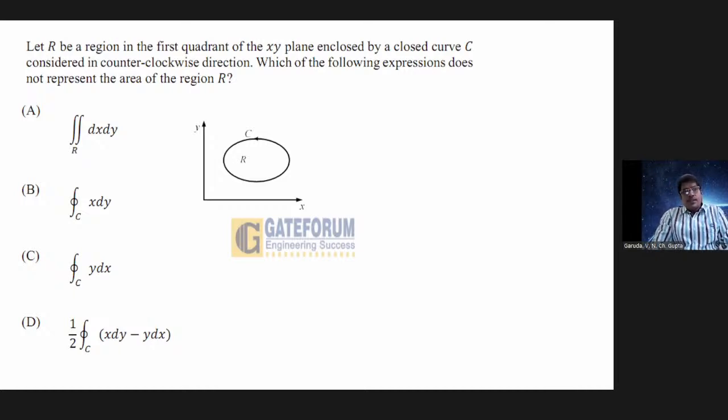Similarly, in vector calculus, there is a statement, Green's theorem. From Green's theorem also, we can find the area bounded by a simple closed curve. Okay, so let us check which does not represent the area of the region R. First, we find which of these options represent area, then automatically the other options do not represent it.